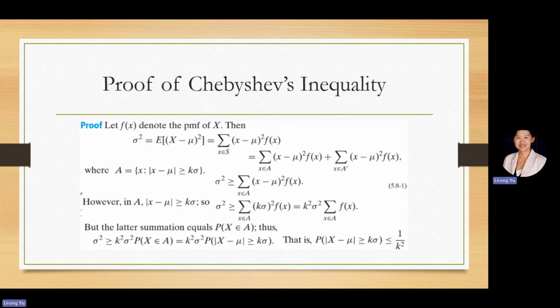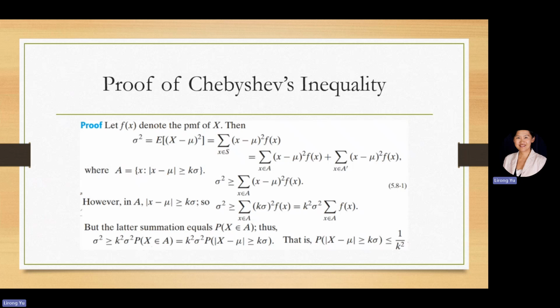Now we're going to separate this into two: the part that's in A and the part that's not in A. It's a big summation, so we write it as two separate summations. One part is the variable times the probability when x is in A. The other is when x is not in A, that is in A prime. So obviously, if you want to calculate variance, you have to add both of them.